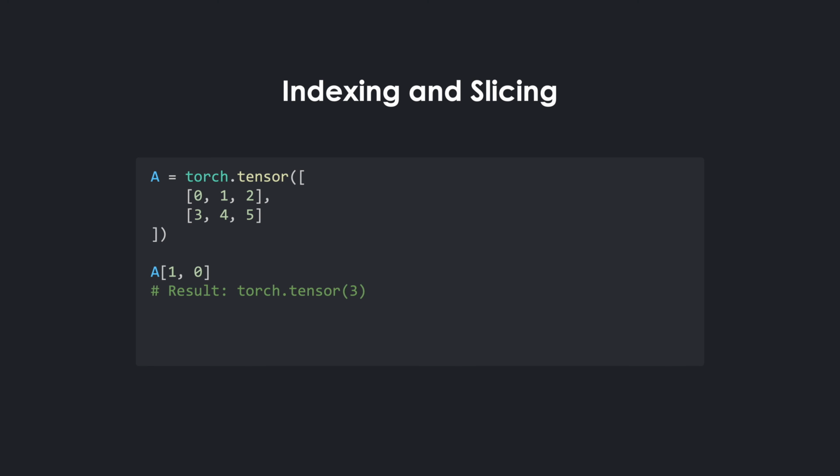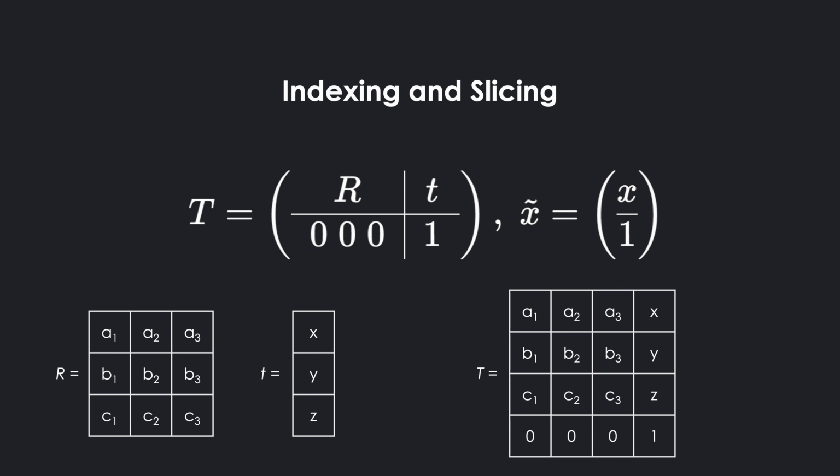One thing to note is that when indexing elements in PyTorch, you don't directly get the elements as numbers, but as one-element tensors. This is because PyTorch wants to keep track of values in its specific format, for example, to allow for automatic differentiation. If you want to access the actual value as a number, you'll need to write this as A at 1, 0 .item. Slicing lets you extract specific portions of a tensor.